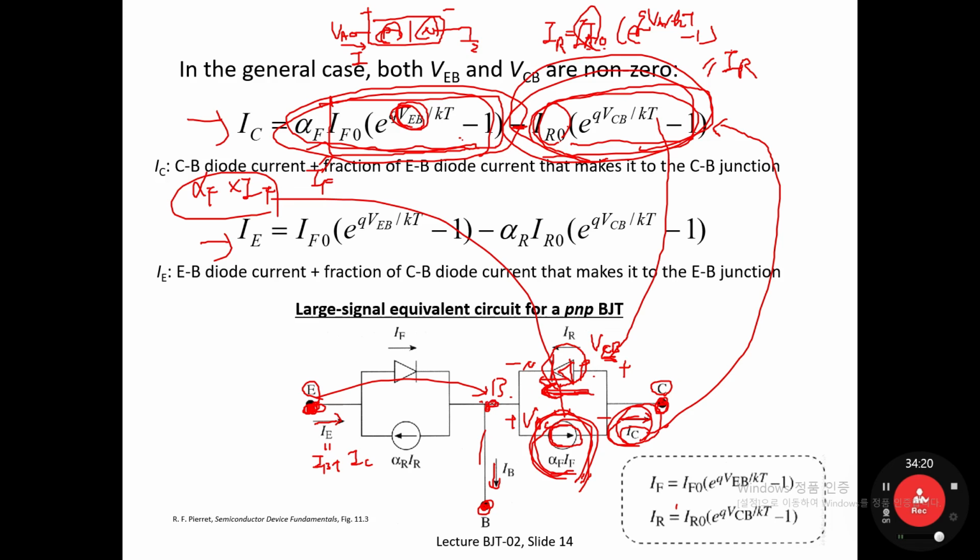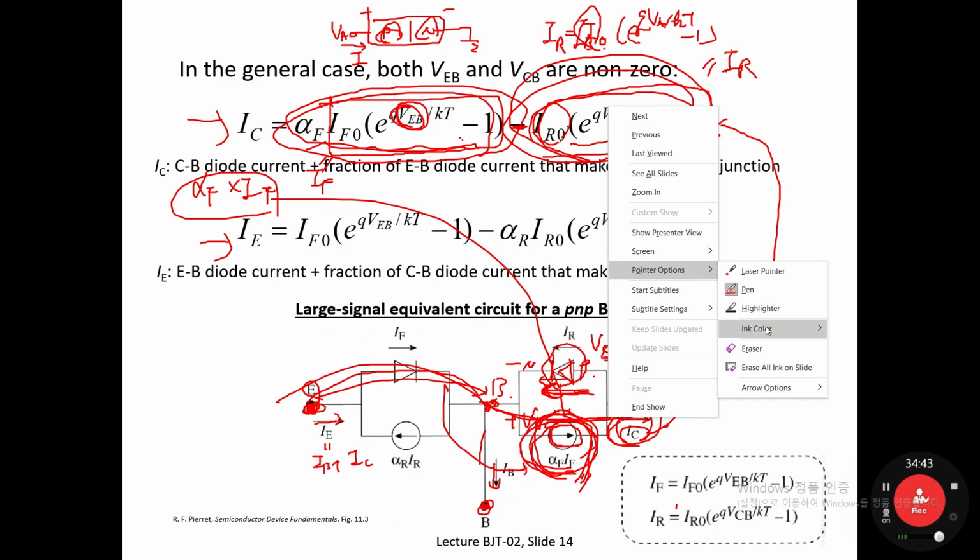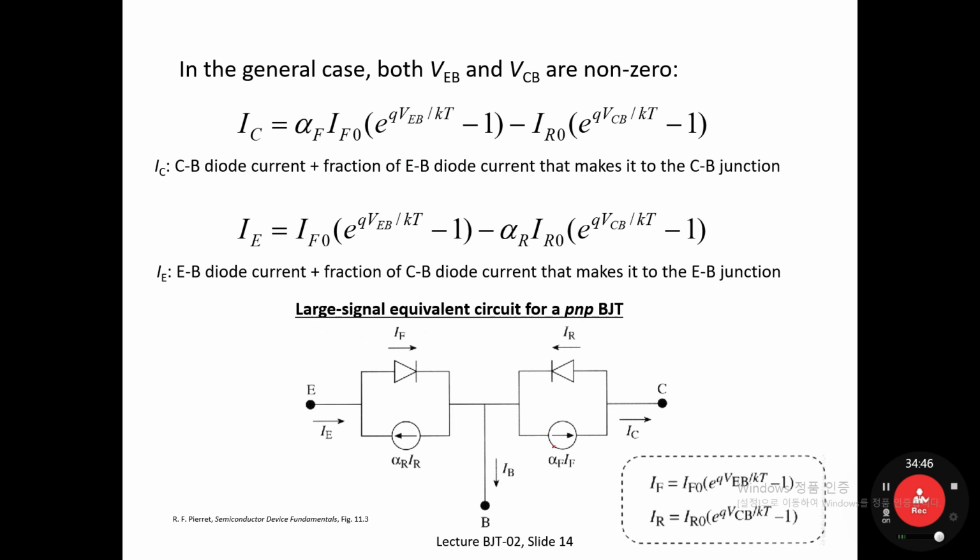So the voltage at a different pair of terminals controls the current flow. As you learned in linear circuit analysis, a controlled current source is the right choice to draw as a circuit symbol between base and collector. So a diode and a current source are used to write down the collector current.